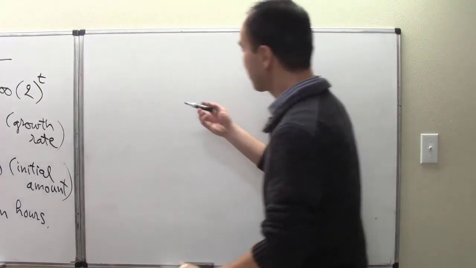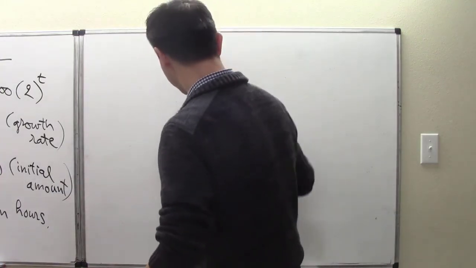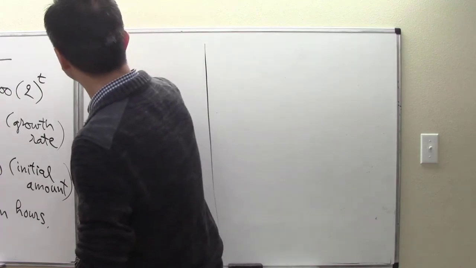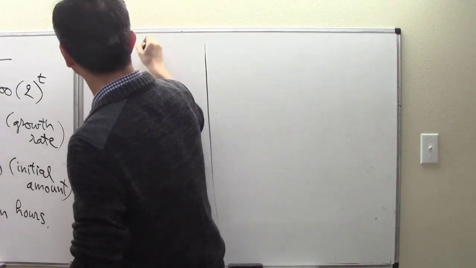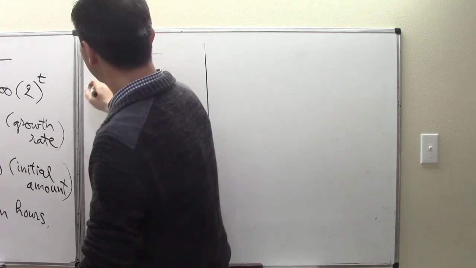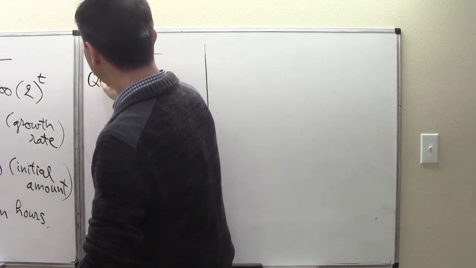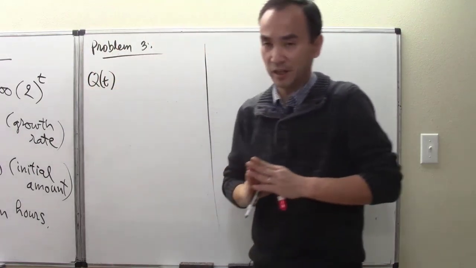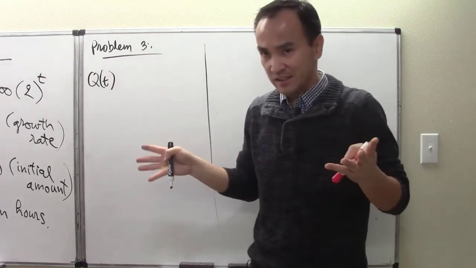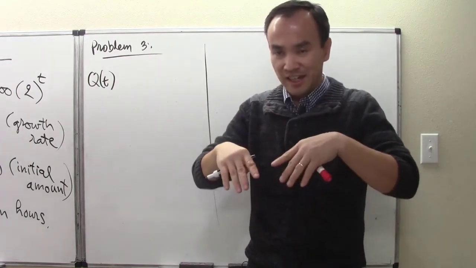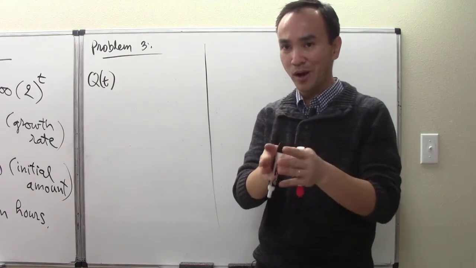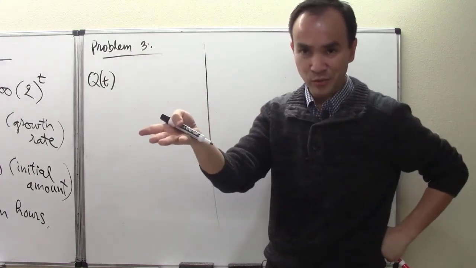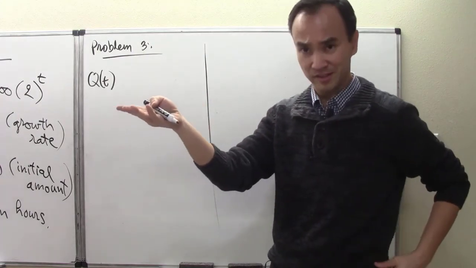All right, so problem number 3 right there. Here I didn't call that P, but I called it the quantity. Instead of thinking of the quantity as a population, I think of the quantity in problem number 3 as an amount. It's money.